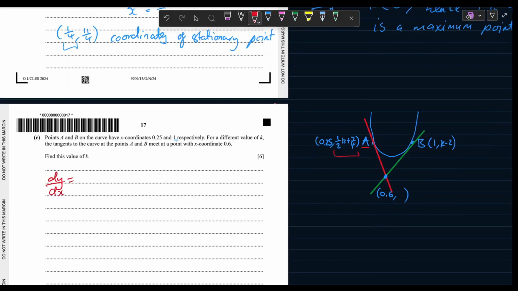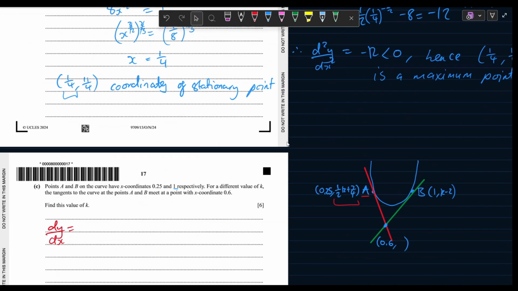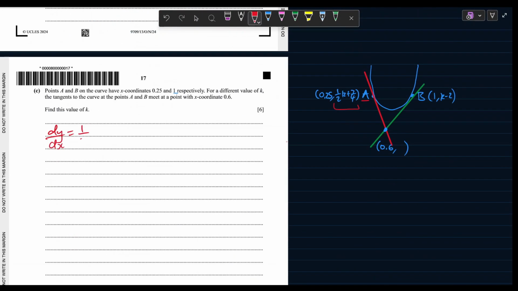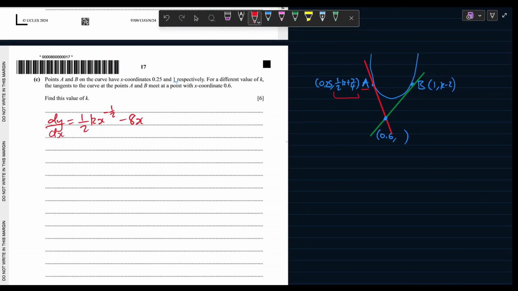So what was our dy dx from earlier? It's half kx to the negative half minus 8x. Let's double check. Yes. And we want to evaluate this at the point A. So when x is 0.25, and this is half k plus 7/4, we're interested in x. So substitute x with 0.25.